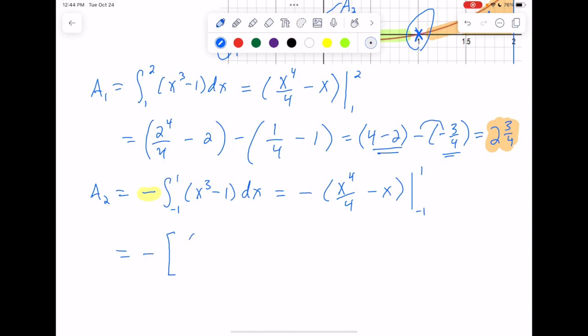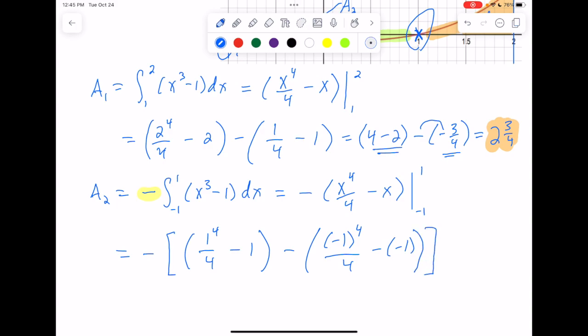We're going to first plug in a 1 to that, so that'd be 1 to the 4th over 4 minus 1, and then subtract what we get when we plug a -1 in. That would be -1 to the 4th over 4 minus a -1.